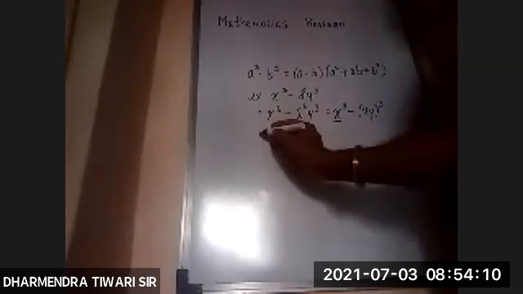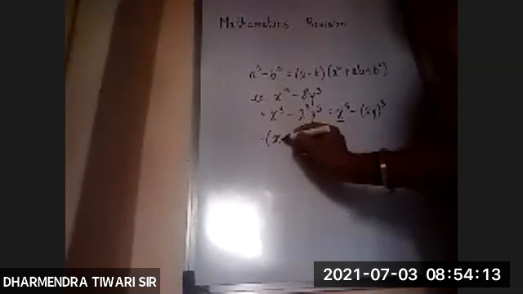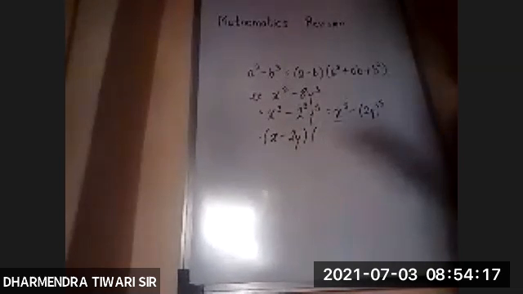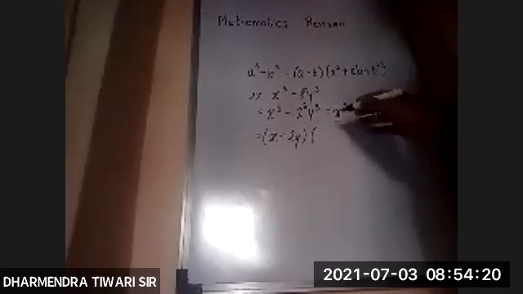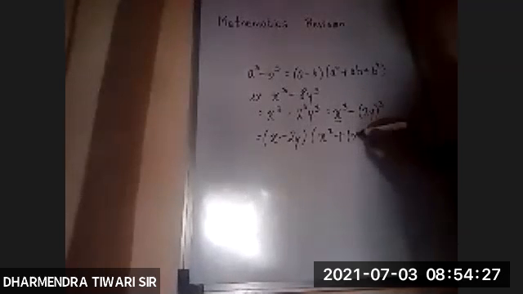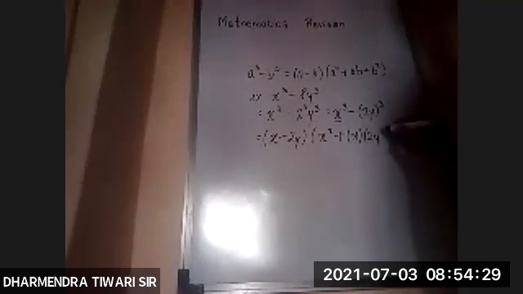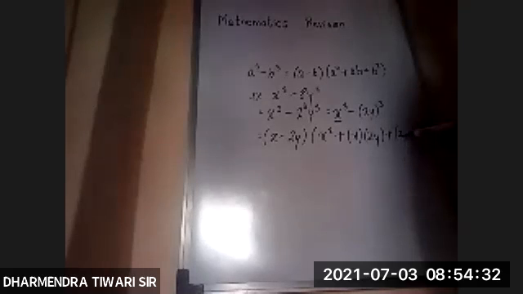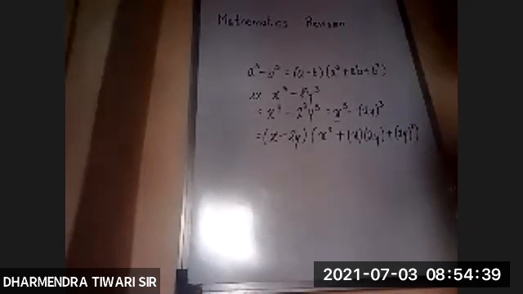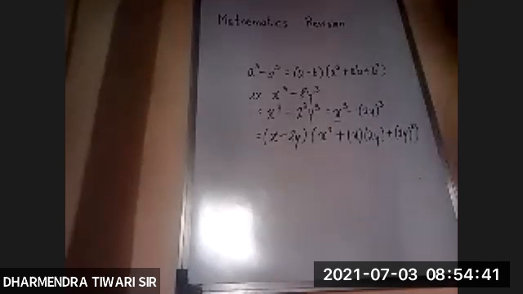The formula gives x minus 2y into x square plus x into 2y plus 2y in bracket and then square, as we are going to take the square of both terms inside the bracket.